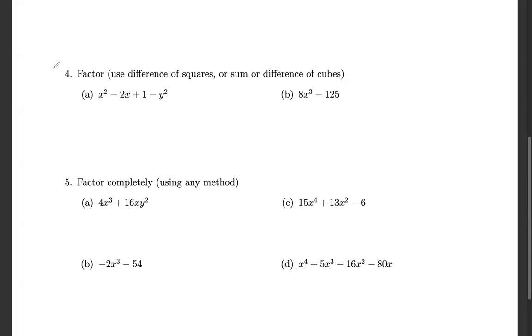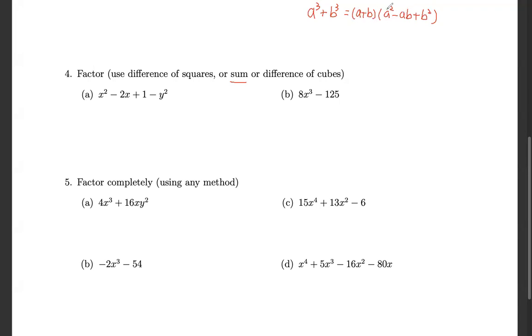Okay, 4. We want to use the difference of squares, sum or difference of cubes. The sum of cubes, difference of cubes, that's this. So we have a cubed plus b cubed. That's the sum of 2 cubes. That can be factored as (a + b) times (a squared minus ab plus b squared).